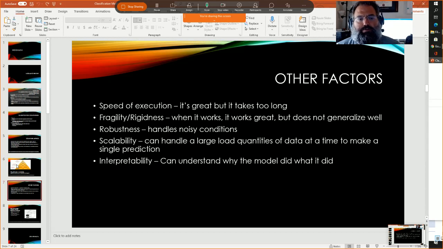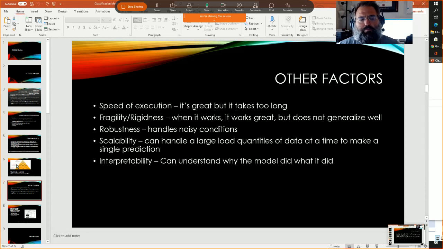There are other factors that you'll want to consider whenever you talk about evaluation of a model. Things like how fast is it? If it's fantastic but it takes too long to run, it doesn't matter. So it needs to be reasonably fast within the time frame that you have to do it. And also there's a cost effectiveness aspect of it as well. If it's incredibly fast but incredibly expensive to run it that fast, then it may not be viable as well.